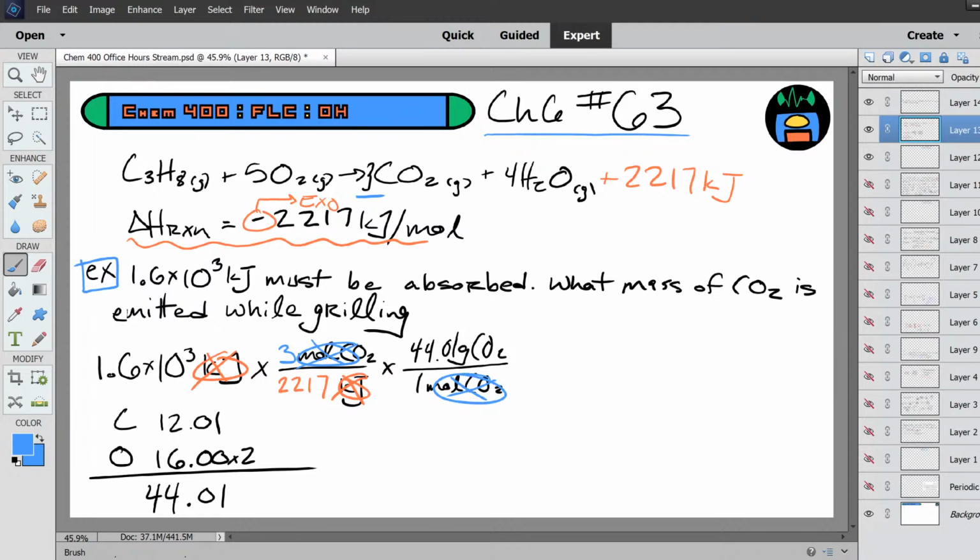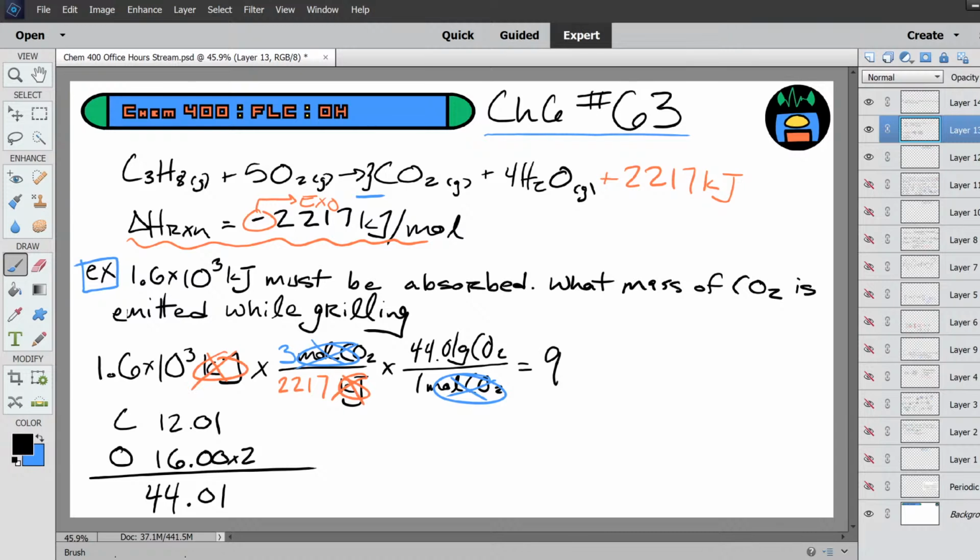And we are ready to crunch our numbers. So we got 1.6 times 10 to the third times 3 divided by 2217 times 44.01 grams. We can keep 2 sig figs.